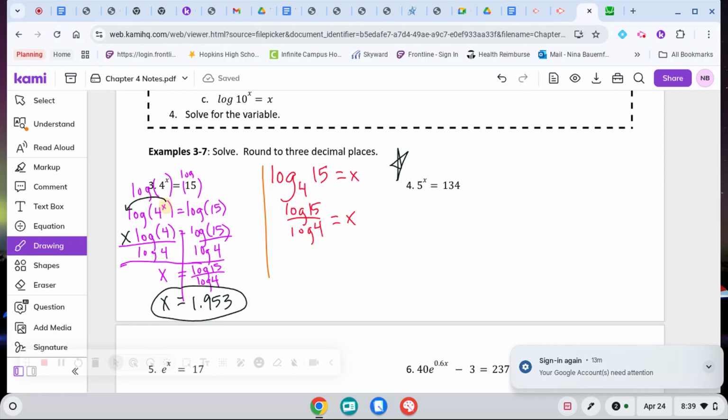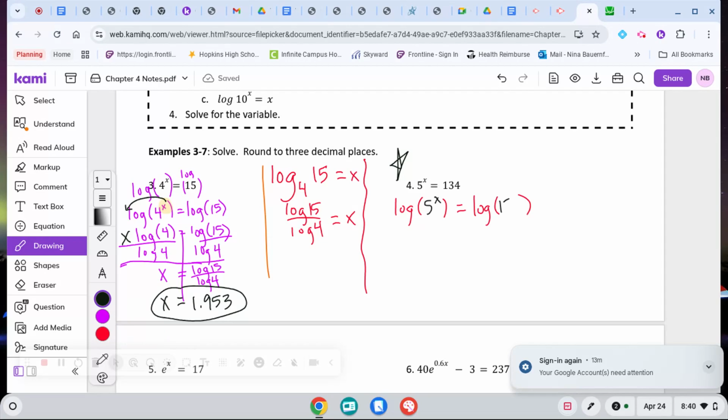Okay, so if we use the new method to solve it, we would go log of one side equals log of the other side. And we'll put 5 to the power of x here and 134 here.